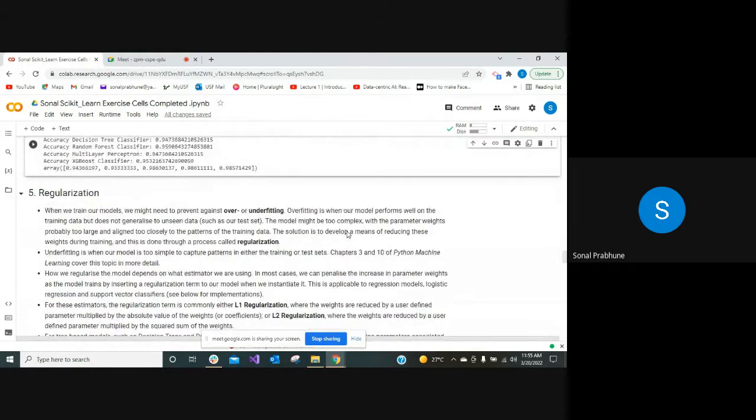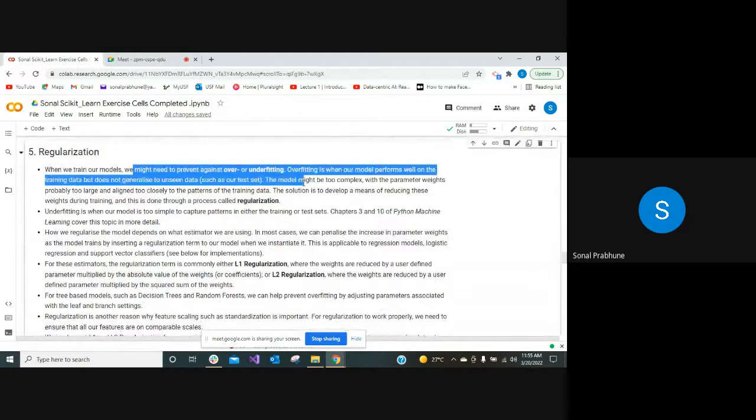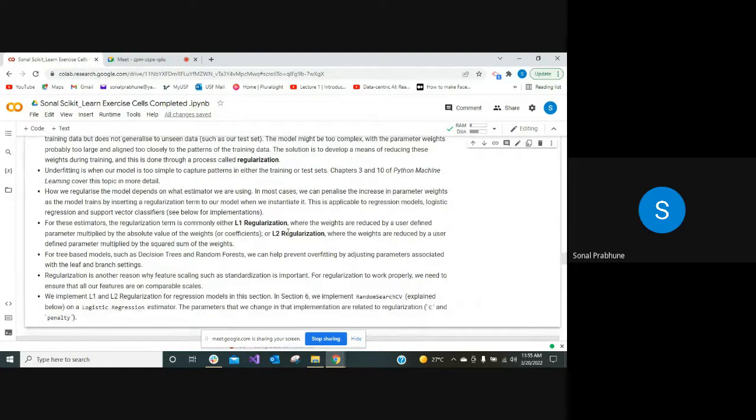The last part was regularization. As it says here, we use it to prevent overfitting or underfitting, where basically we add a penalty term at the end of our equation.